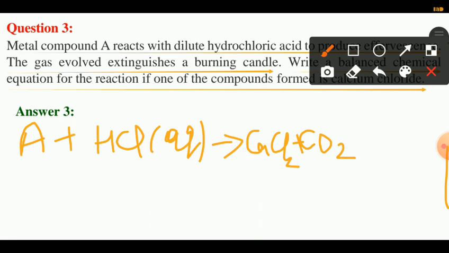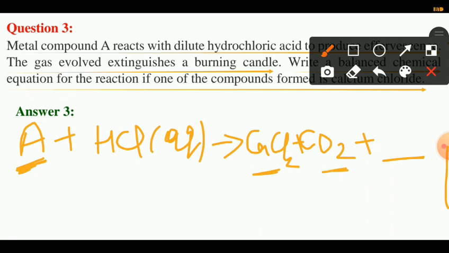So here we have to confirm what is the metal compound A, and maybe some other substance should also be there. In the theory we have studied that whenever the metal carbonates are reacting with the acids, they are producing the salt and carbon dioxide gas and water.